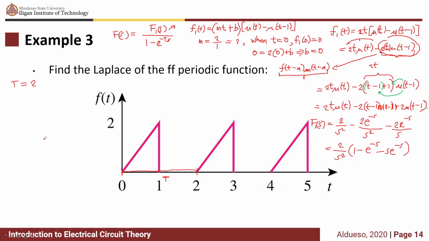So finally, the Laplace transform of this periodic function is equivalent to 2 over s squared times 1 minus e to the negative 2s, times 1 minus e to the negative s minus s e to the negative s.